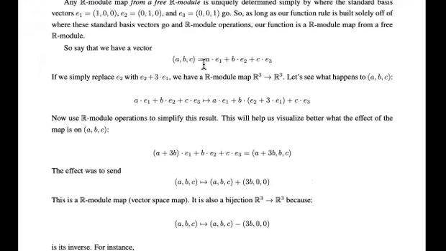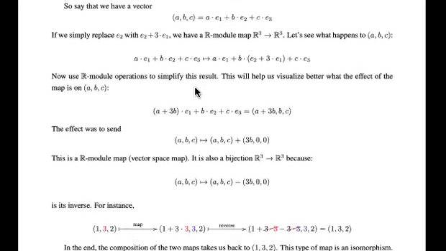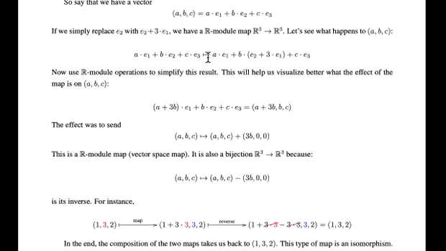You outside multiply and add, and you should get this. So let's see what happens to ABC. What happens if we replace E2 with E2 plus 3E1? What happens if you just replace this with that? Does that produce an isomorphism?